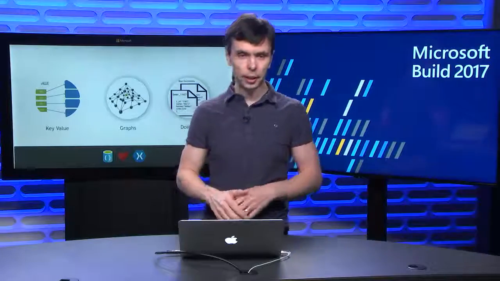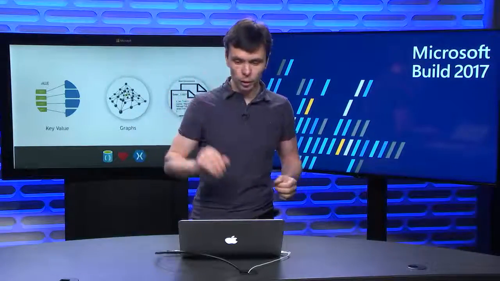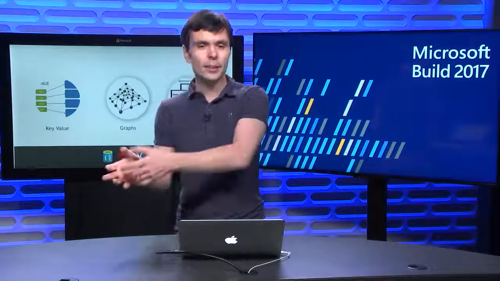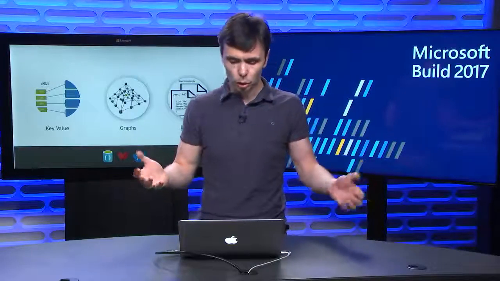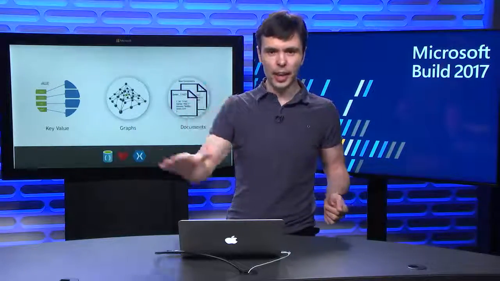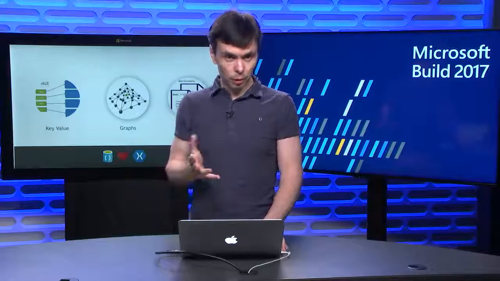You can work with your data that has graph shape, and we'll show you in a second how it looks. You can work with your data which are documents. No matter what structure your data is, you can bring it to Azure Cosmos DB and access it with the same low latency, fast queries anywhere in the world. Now let's jump into the demo.